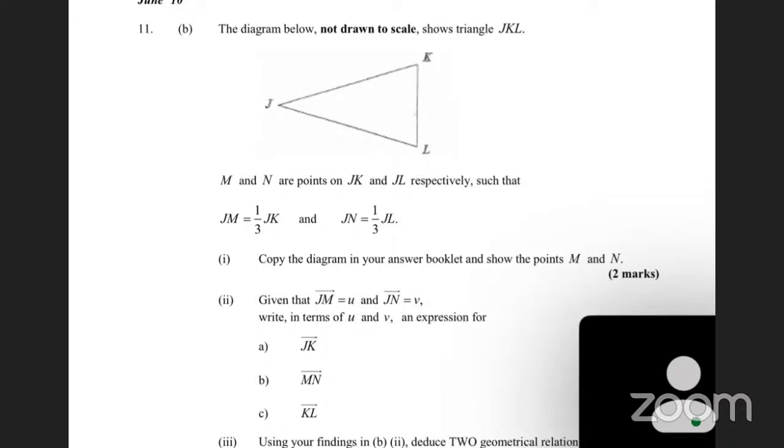They said that JM is 1/3 of JK, so JM is 1/3 of the way. If I were to split this into thirds, M is somewhere right here. So that's 1/3 of the way, this is 2/3 of the way, and M looks like it's right there.